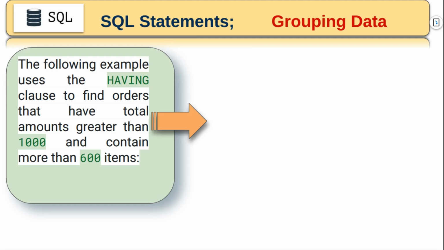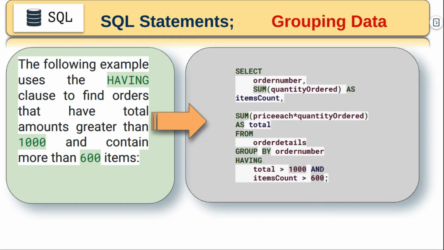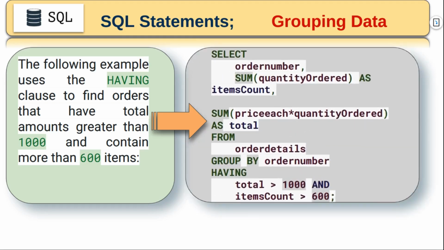So one is for the column total, and another condition is for the item count, right? Let's see what will be the query for this. So the query would be this, right?